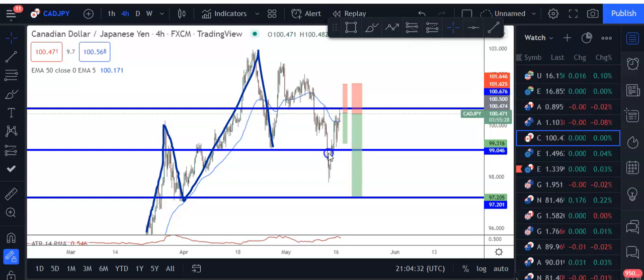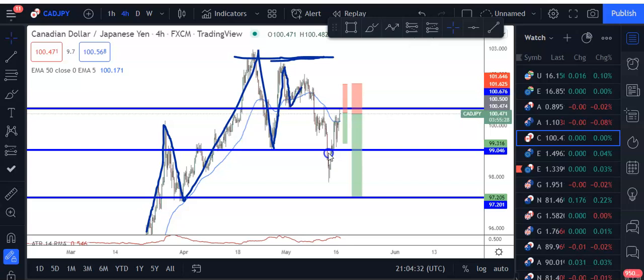For us to conclude that this market will continue in an uptrend is for the market to break this level here. What the market actually does is it makes a move to the upside but fails to break this resistance level here, and the market moves down.